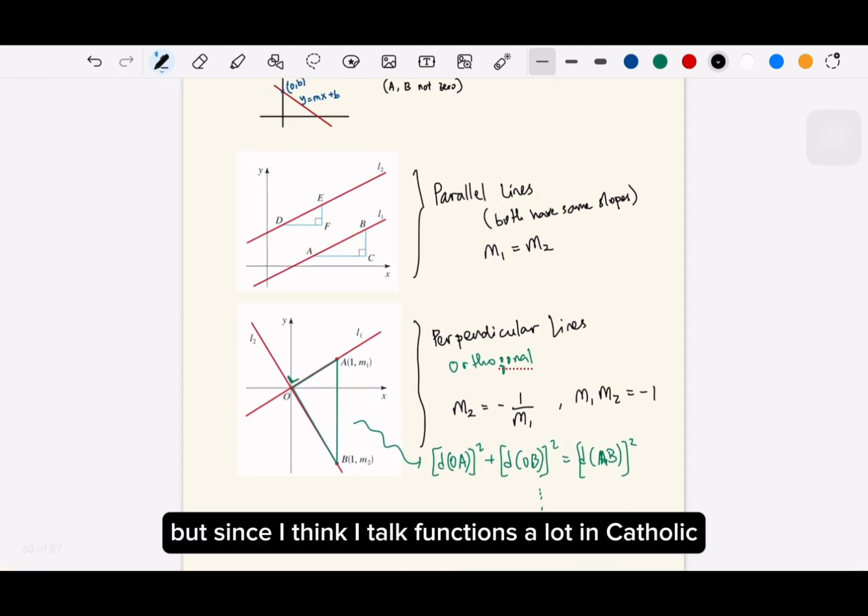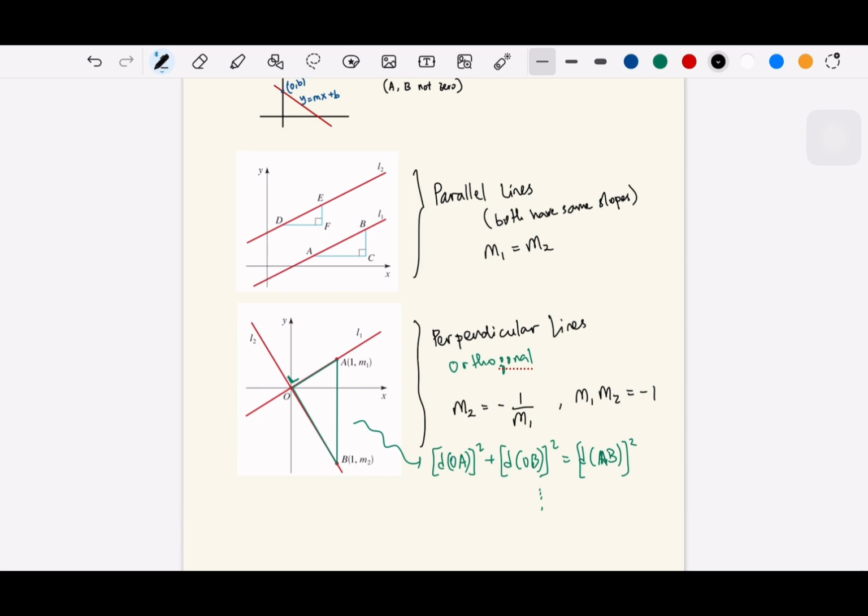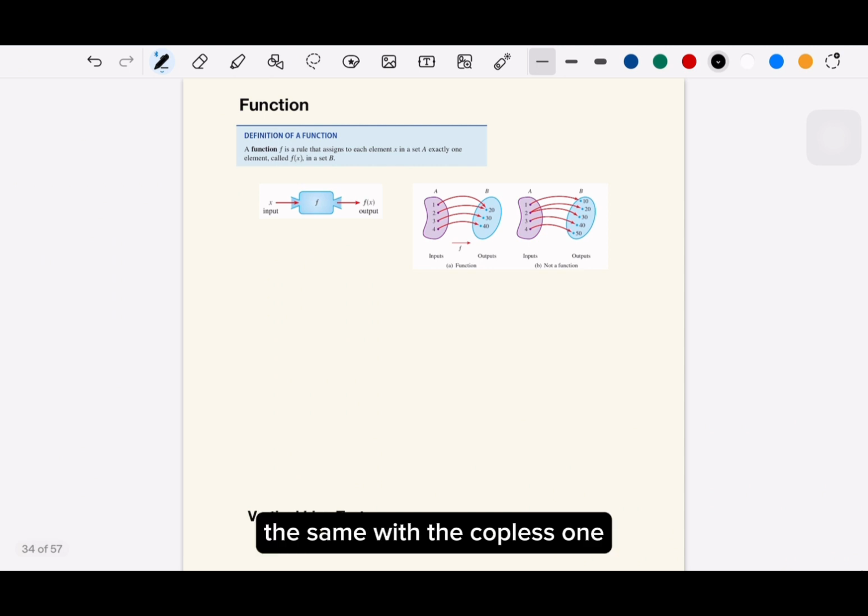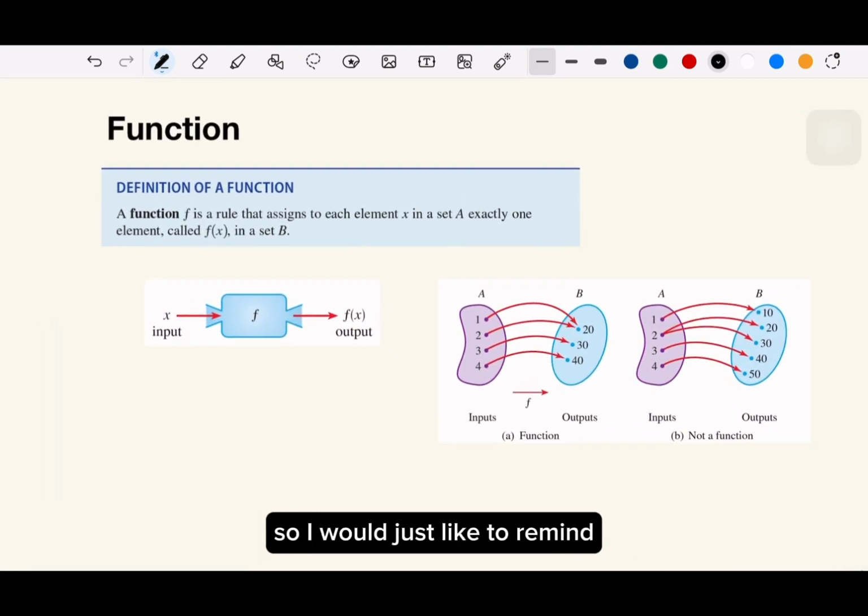But since I think I taught functions a lot in calculus, I will just do some quick review, okay? The content is the same as in the calculus one, so I would just like to remind some parts that need to be emphasized. So what is a function? A function is a set of rules.